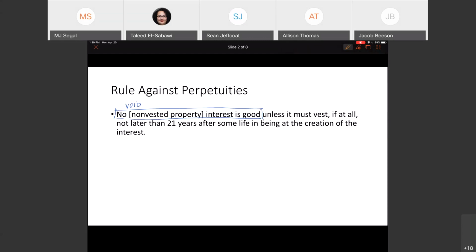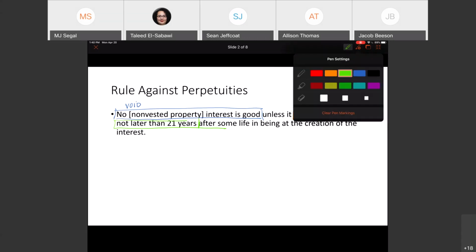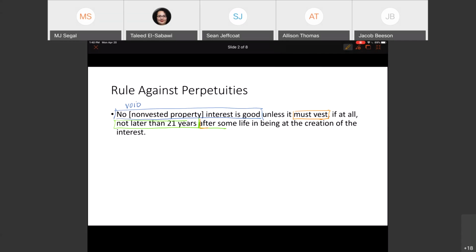Then it starts off with the requirements. It must vest, and it must vest no later than 21 years after some life in being. You'll see why I'm breaking it down like this in a minute. After some life in being at the creation of the interest.